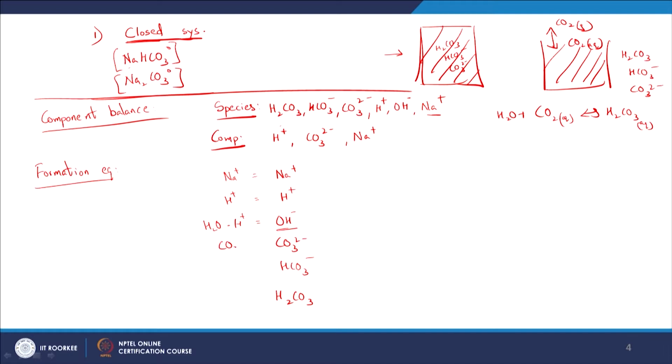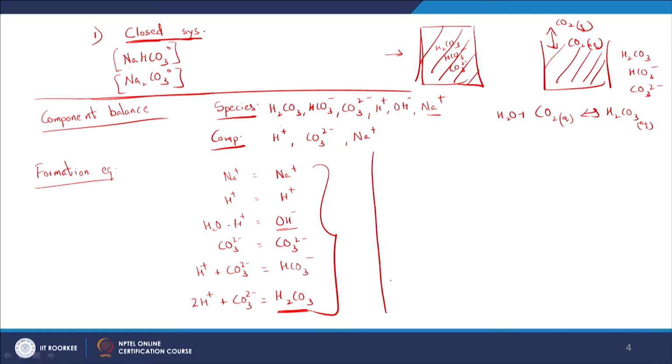I need one component of CO3 2 minus to form CO3 2 minus. I need one each of H and CO3 2 minus to be able to form HCO3 minus, and similarly I need two components of H and one component of CO3 2 minus to be able to form my particular H2CO3 here, right. So, I am done with the formation equations here.